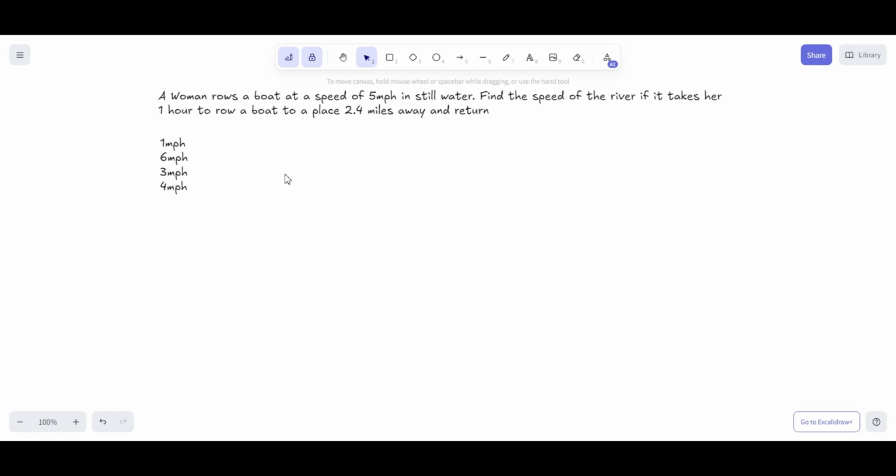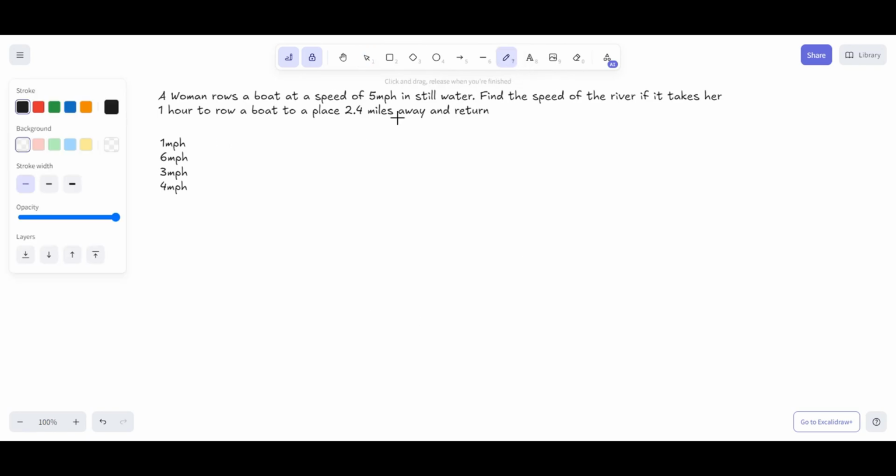So let us write the given things first. The speed of the boat is 5 miles per hour.